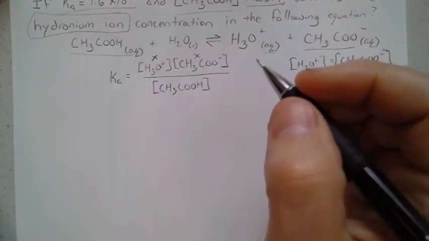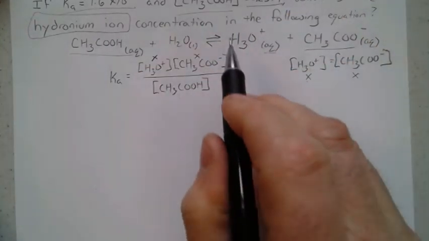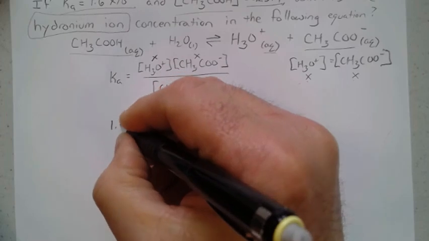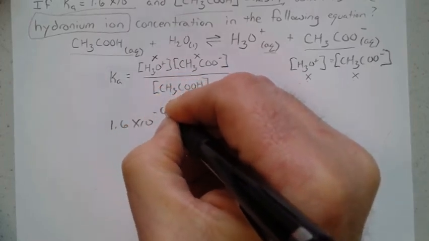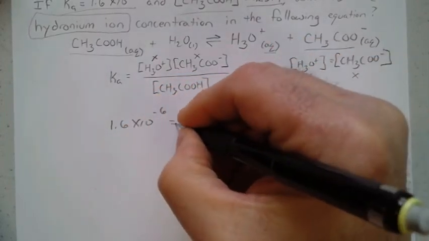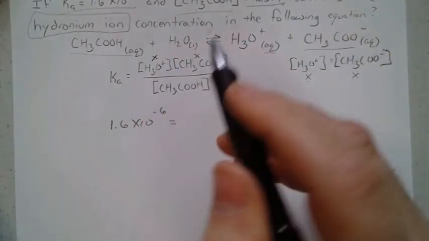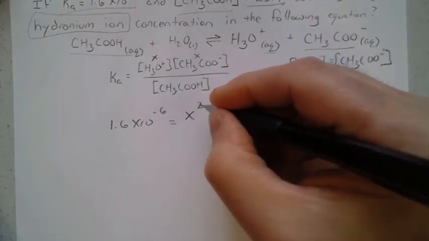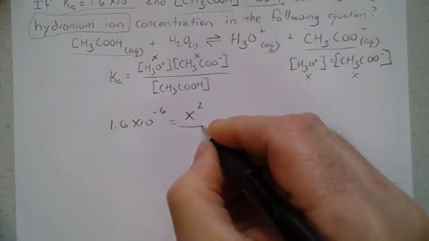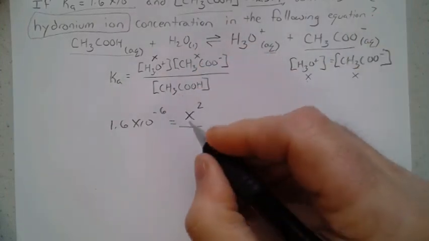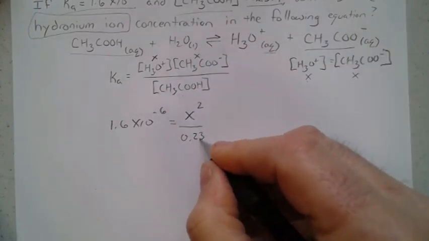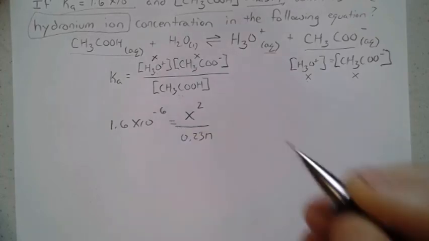So now I have numbers for the Ka and the acid concentration. When I plug them in, I have 1.6 times 10 to the negative 6 equal to x times x, which is x squared, over the concentration on the bottom, which is 0.23 molar.